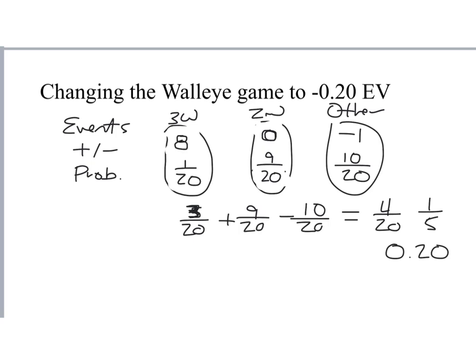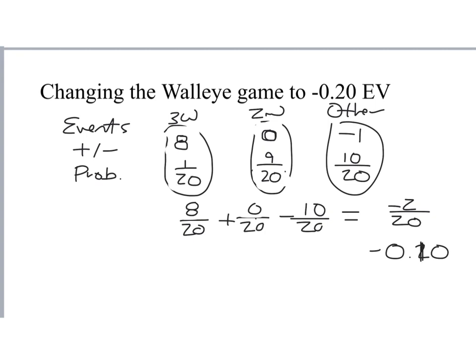So now changing these, I'm going to have 8/20ths, 0/20ths minus 10/20ths, which will come out to be a negative 2/20ths, which is a negative 1/10, or a negative 0.1.